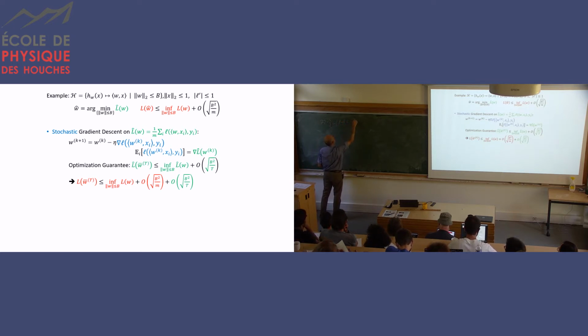Let's write it as H_W, the linear function with the coefficients W, right? And we're learning using empirical risk minimization. So this is our learning rule here. Our learning rule is W hat, where we're minimizing the empirical error over W.